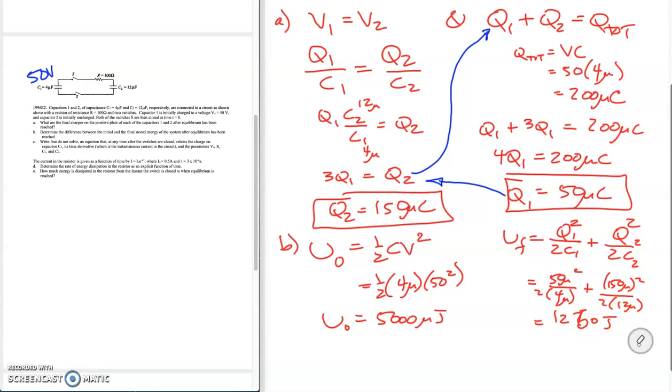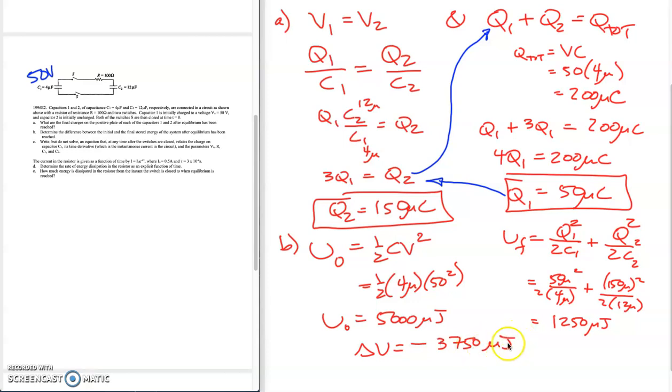Wow, handwriting just not going well today. That is 1250 microjoules. And that's not what they asked for. What they asked for was the change in energy. So the change in energy, the difference between the initial and the final, is negative 3750 microjoules.